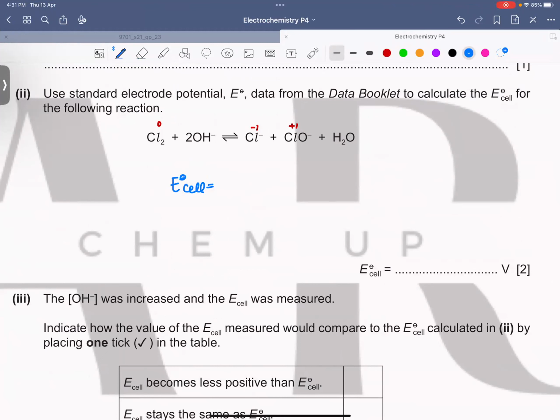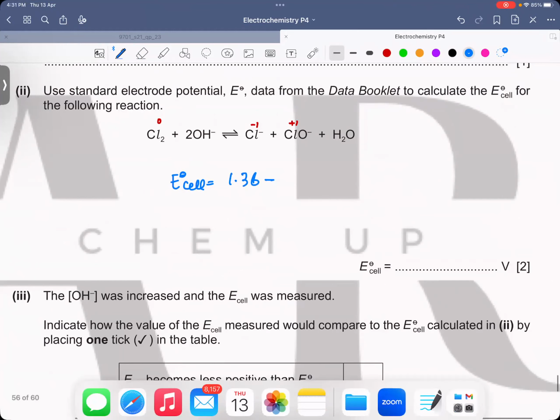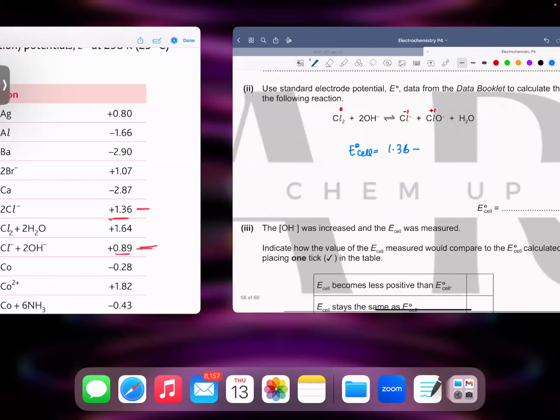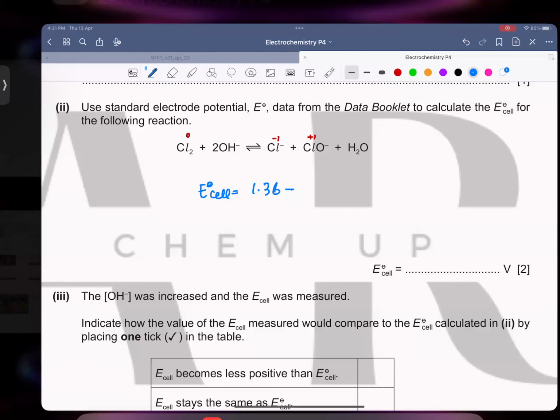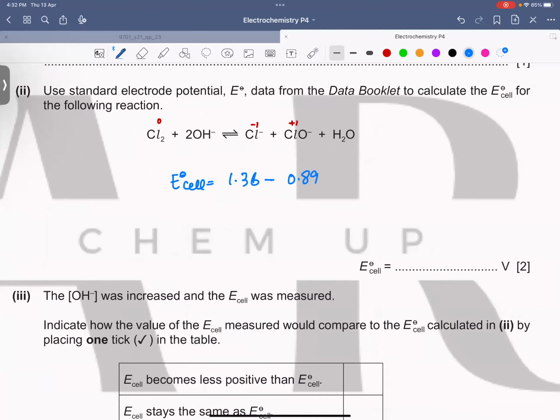So what is the answer over here? 0.47 positive. So positive 0.47 volt. Okay.